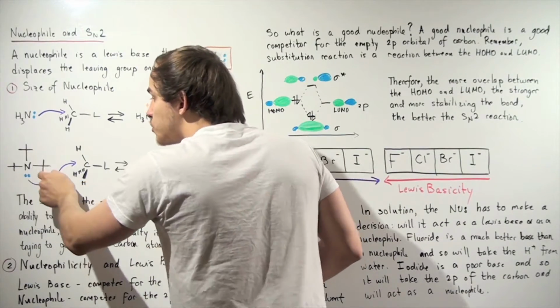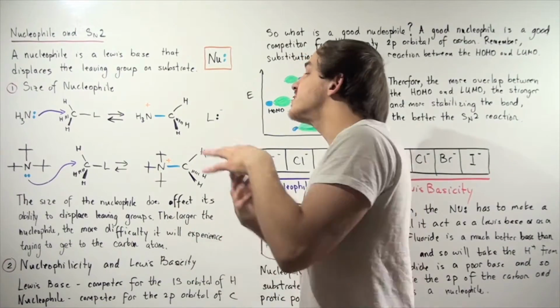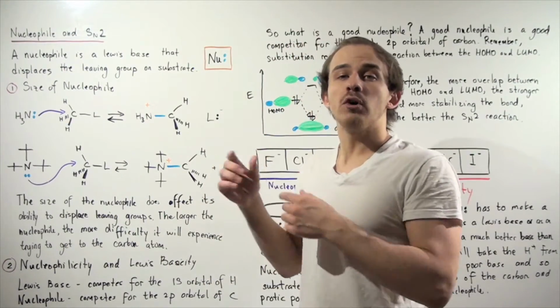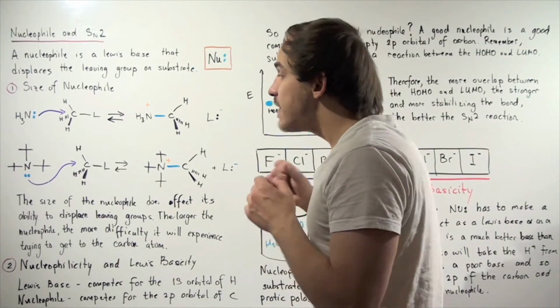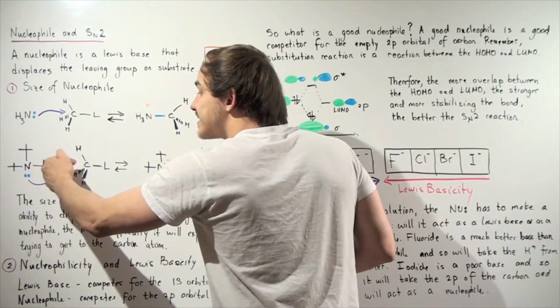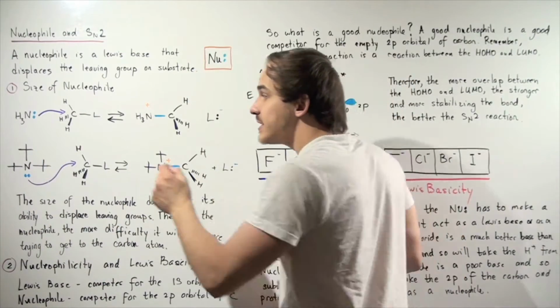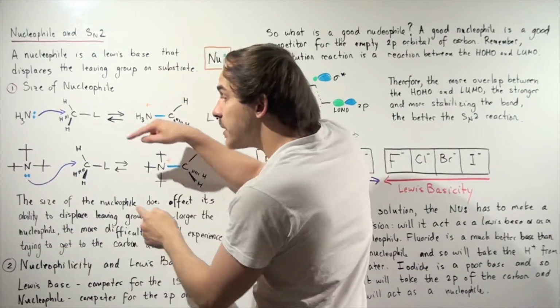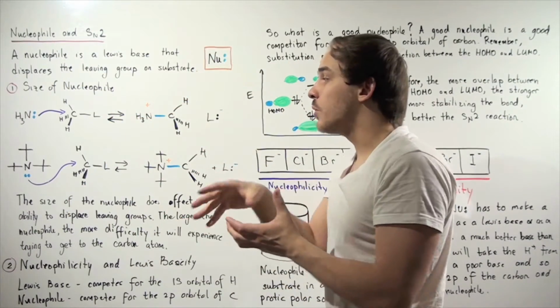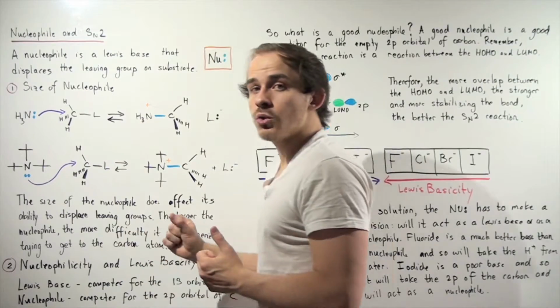Now, these groups will have carbon atoms as well as H atoms, and each of those atoms will have electrons orbiting the nucleus. And that means as this pair of electrons tries to get to this carbon atom, what happens is these groups bump into these H atoms, and that creates electrostatic repulsion, pushing back our nucleophile.